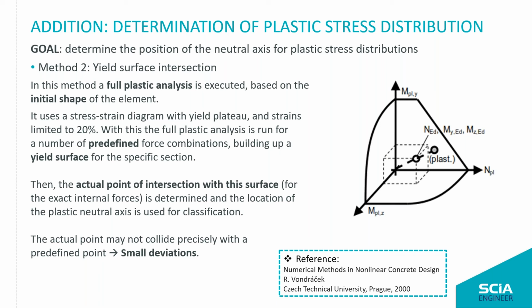Of course, since we don't calculate the full surface, but only a discretization of the surface, it will not be entirely accurate, and we can get some small deviations from the actual position of the plastic neutral axis, but they should be really small deviations.